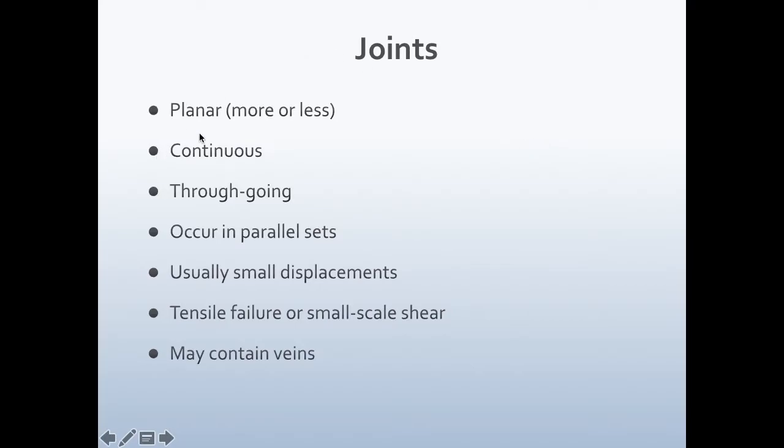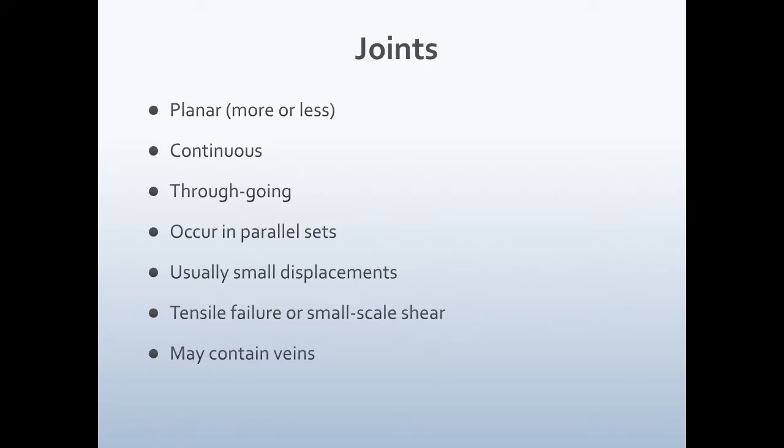So some features about joints: they're generally planar, continuous. They can go for quite a long way. They often cut through different rock layers. They occur in parallel sets. They usually have very small offsets.